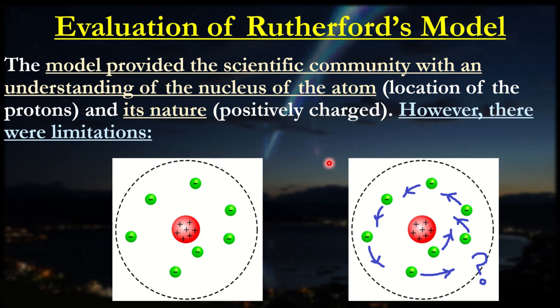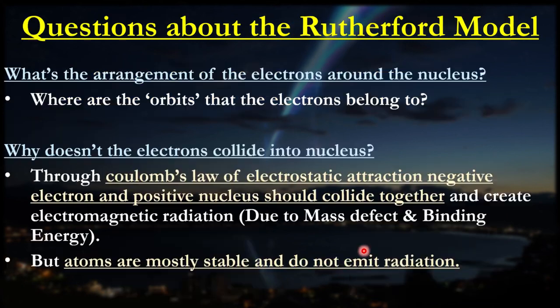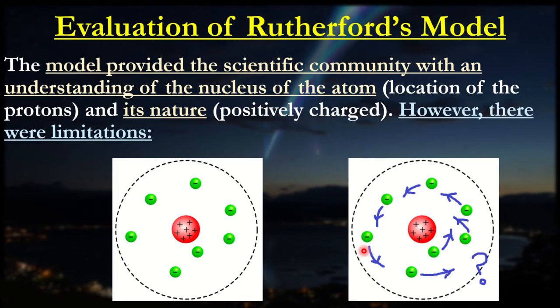But there are limitations. The first one is circular orbits of charged particles. Now, you might remember a guy called James Maxwell, and Maxwell basically hypothesized in his 4 equations, if you have a changing electric field, you have a changing magnetic field, you get an electromagnetic wave, EMR, electromagnetic radiation. Here what we have is an electron that's moving.